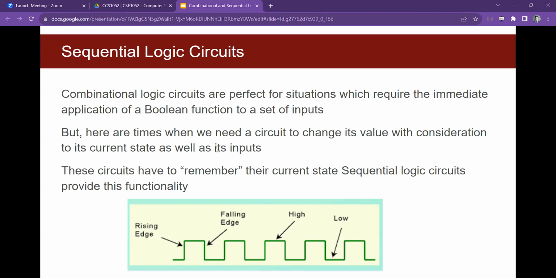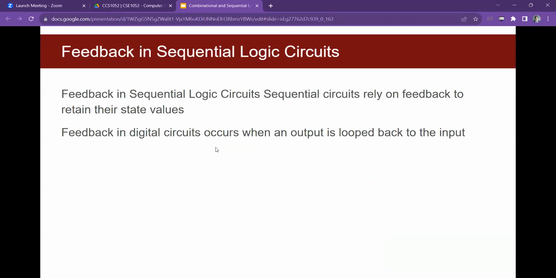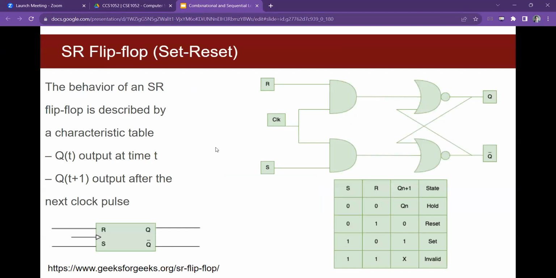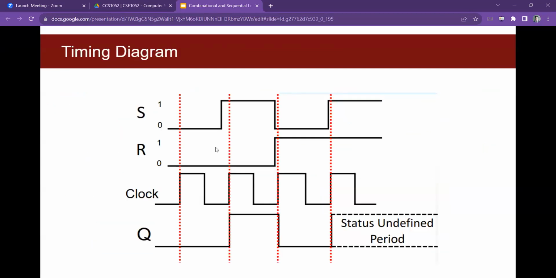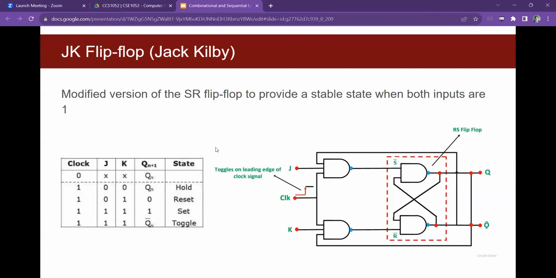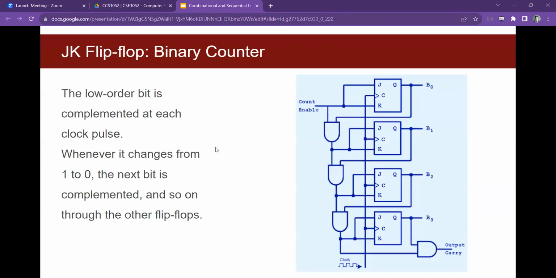That means some of the output is fed back as input. There are several circuits you need to know, those are flip-flops. Here we will teach you about flip-flops, and you need to know how to do the timing diagram, the JK flip-flop and the binary counter.